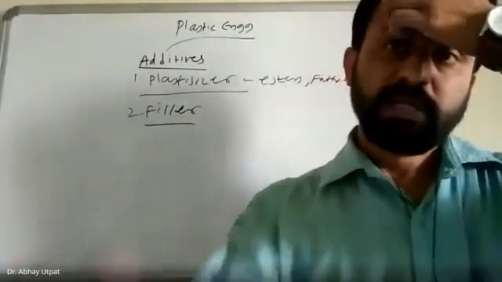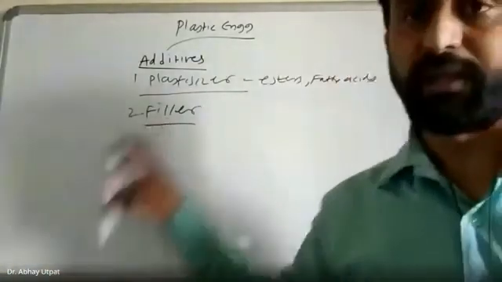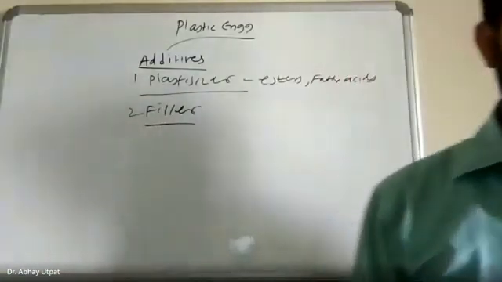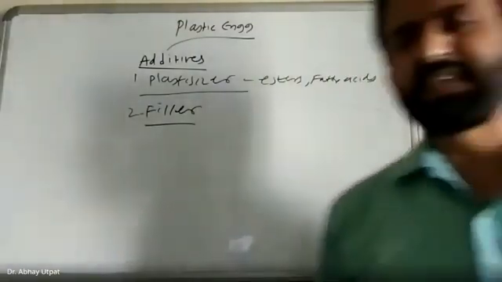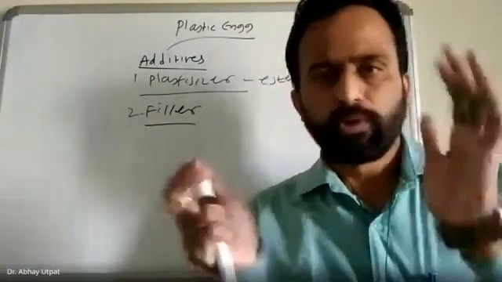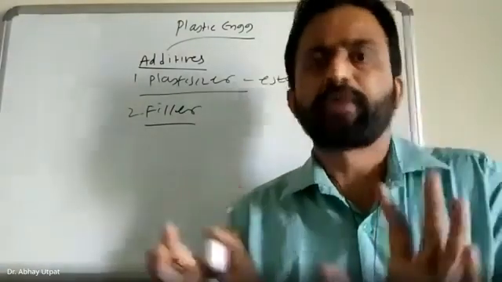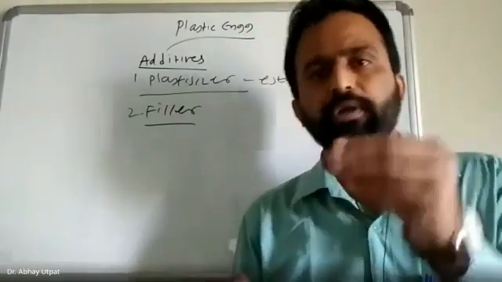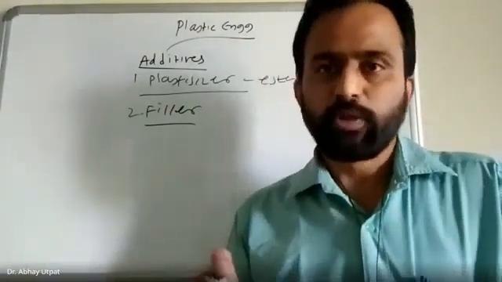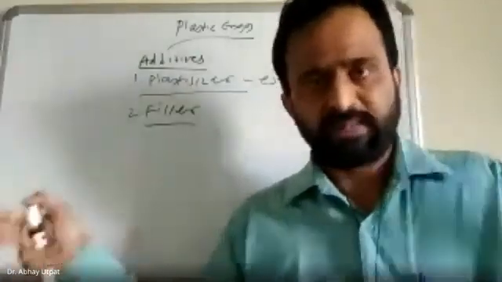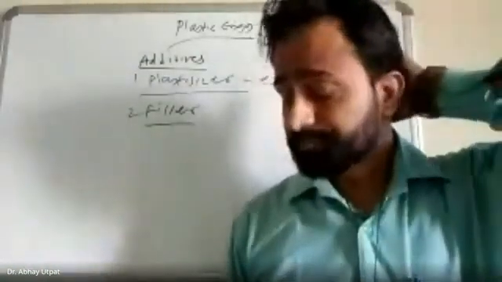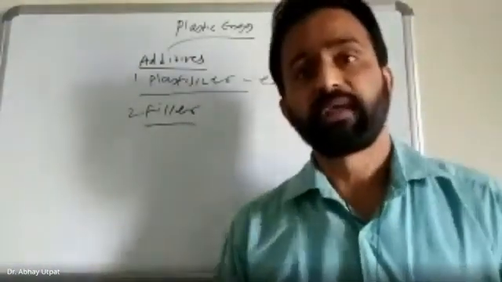Second one is filler, F-I-L-L-E-R. So filler means inexpensive material. Your original plastic may be, suppose, 200 rupees per kg. The filler may be only 20 rupees per kg. So if you want to fill as a quantity, in case of sand casting, we have seen backup sand and facing sand.